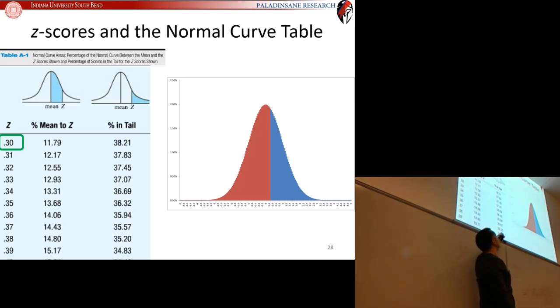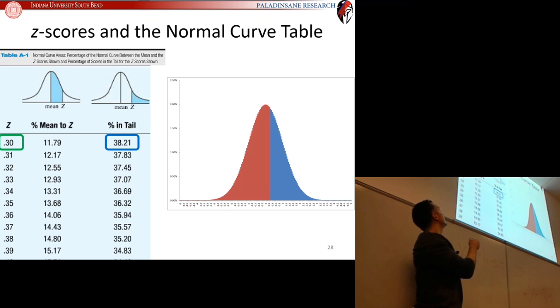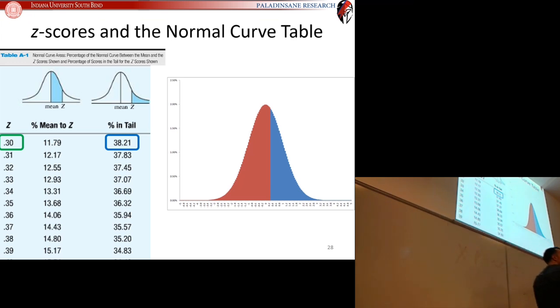The area that we want is from our z-score and up. It's the tail of our distribution. The tail of the distribution is the small part, the body is the big part. So this is the column that we want. We find the proportion that is listed in the same row as our z-score, and that is the percentage of people scoring 0.3 or above. 38% of our population scored 0.3 or above.